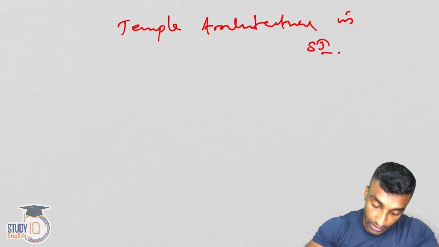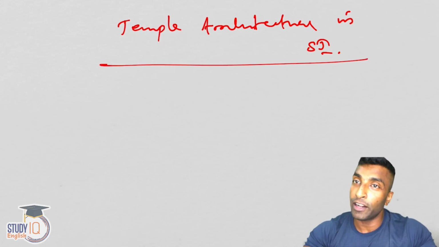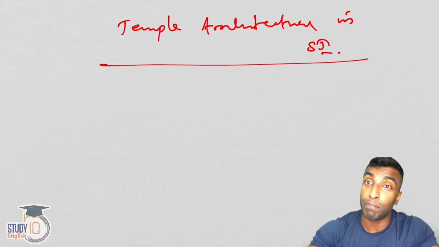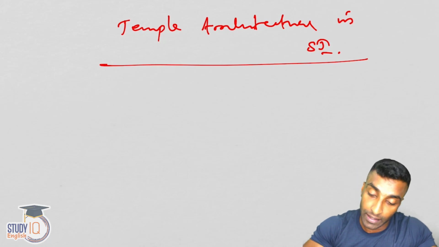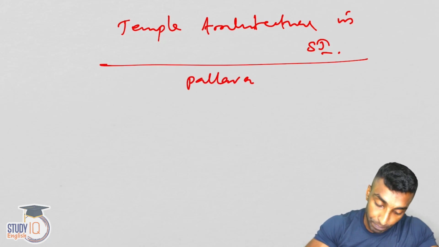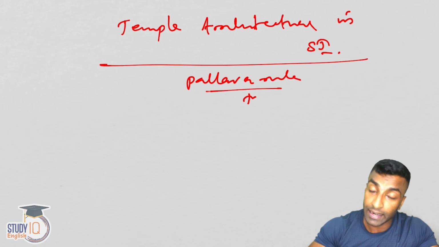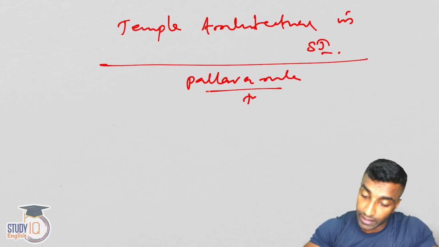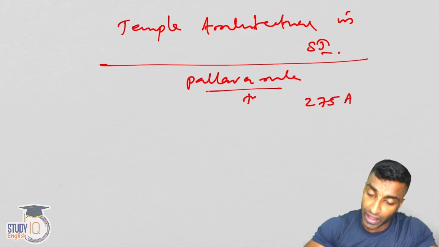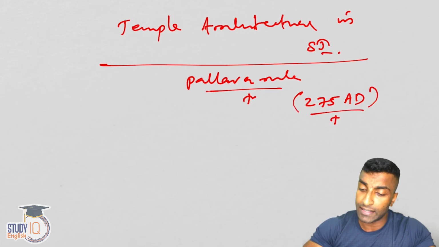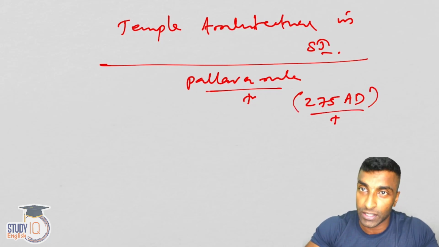So guys, under which rulers? Basically under the Pallava rulers this has been started. Pallava rule actually started during 275 AD, but this period is not that significant, and the first ruler and all is not significant.